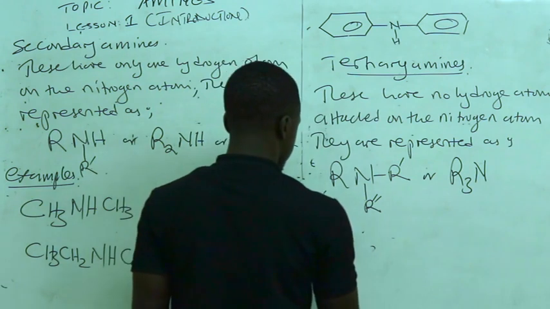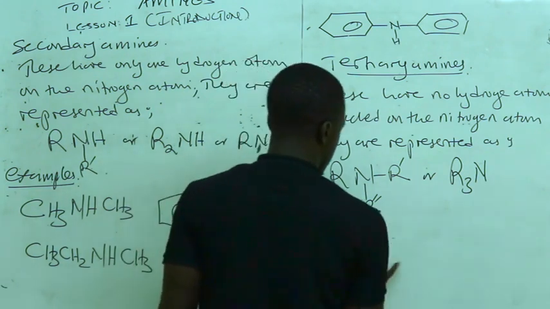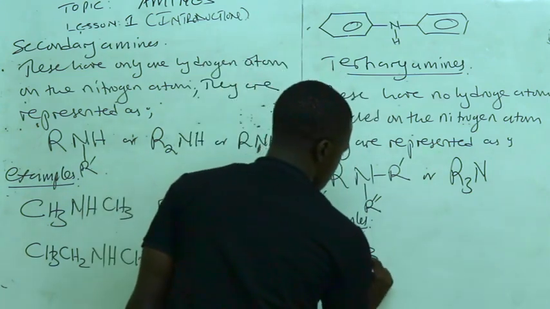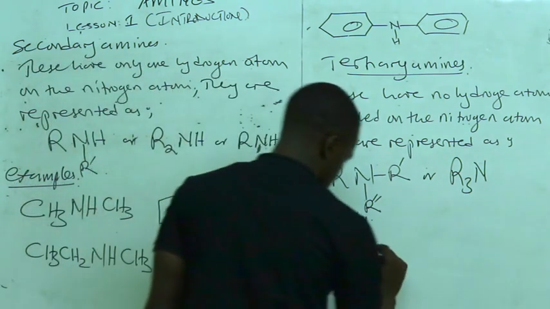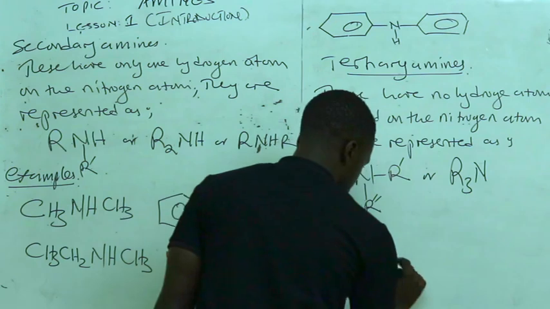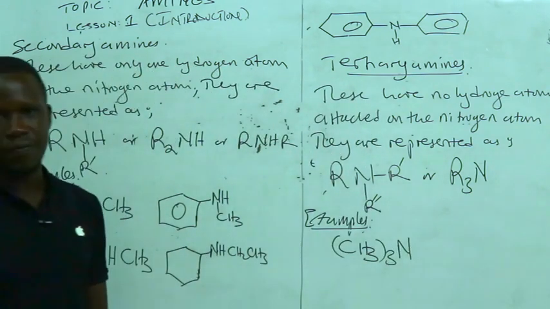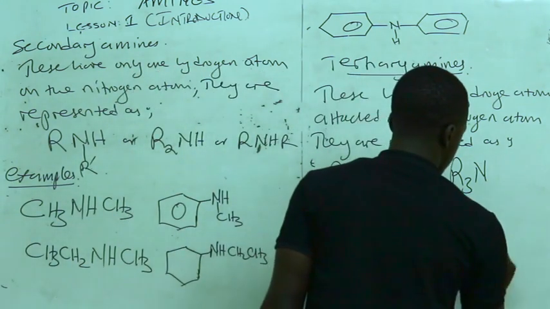Examples. You have CH3, three of them all bonded to N. That is if the R's are the same. Or they could be different.